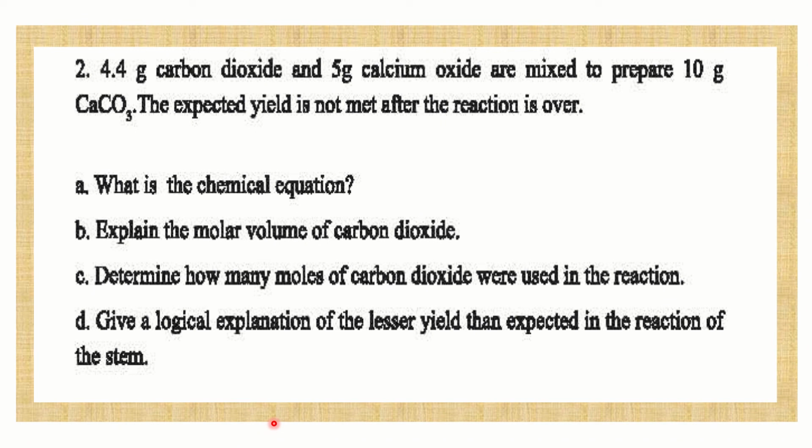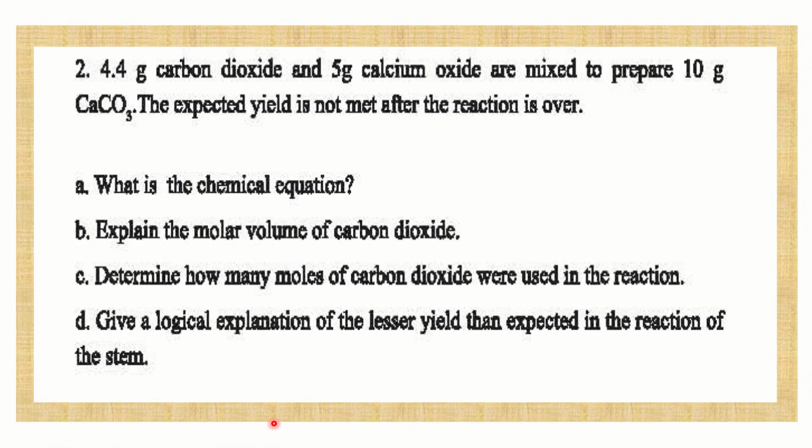Already we got that here calcium oxide is the limiting reactant and 4.4 gram carbon dioxide is not totally used. If 4.4 gram carbon dioxide is totally used and if some more calcium oxide is present in this reaction, then some more product can be obtained. So there are two reasons.